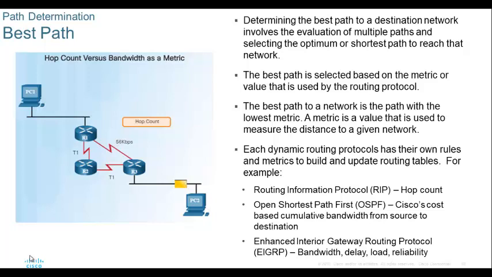Now, if you see hop count as the metric, then you will say this is the best path. It's just one hop. But see the bandwidth, it is too narrow.